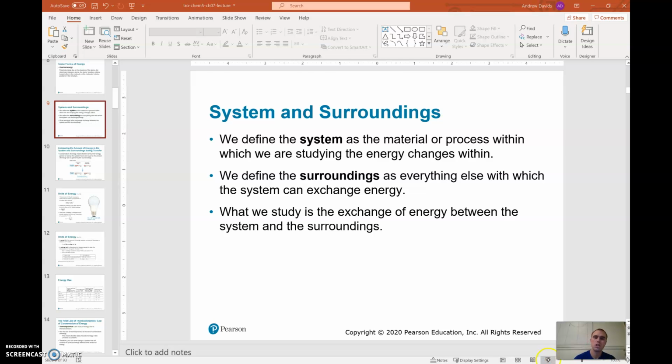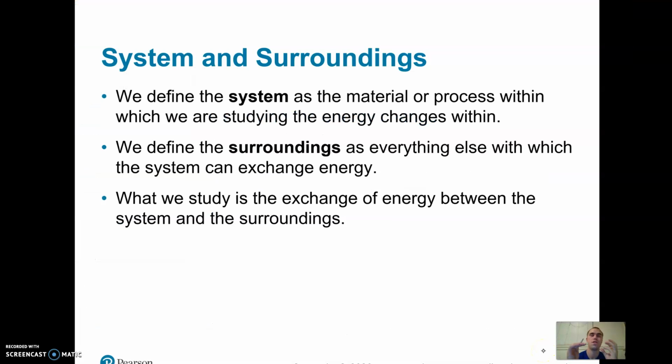So essentially, the system is the things that are doing the changing. Okay, so a chemical or a piece of material, some molecules that are undergoing change, that is going to be defined as the system. Okay, everything else is the surrounding. So if we have something dissolved in water, remember, water is just the facilitator of the reaction.